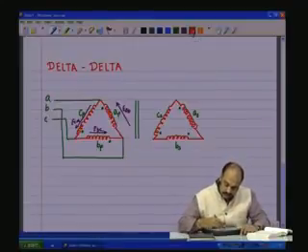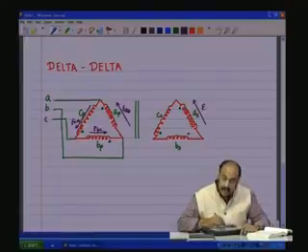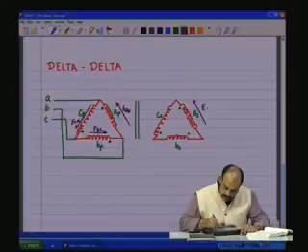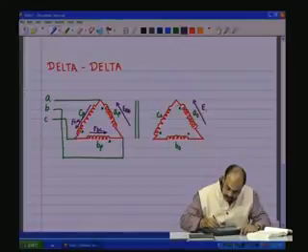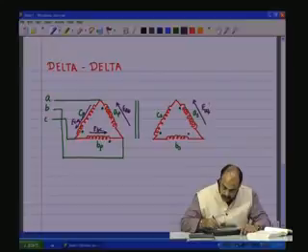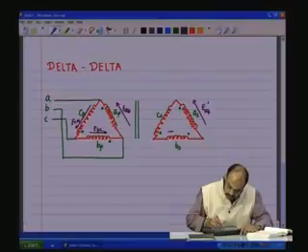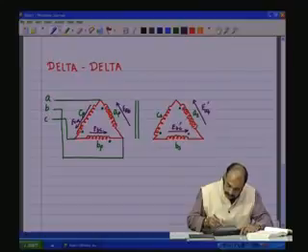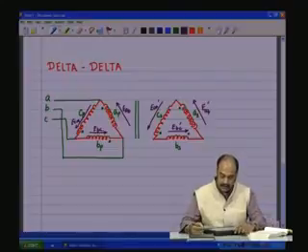So, which means the voltage across coil AS, we will call EAB prime for the secondary, or let us say this has a prime attached to it, and this voltage will be EBC prime to indicate it is on the secondary side, and we have ECA prime to indicate that it is on the secondary side.